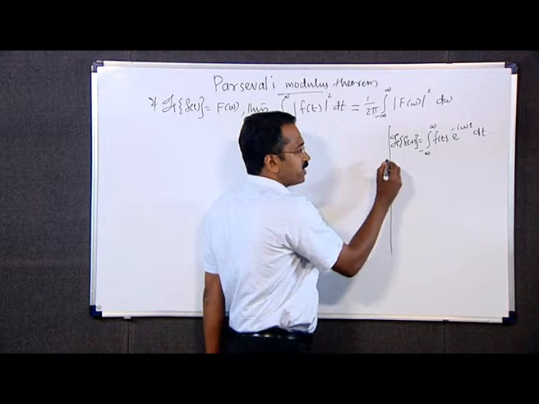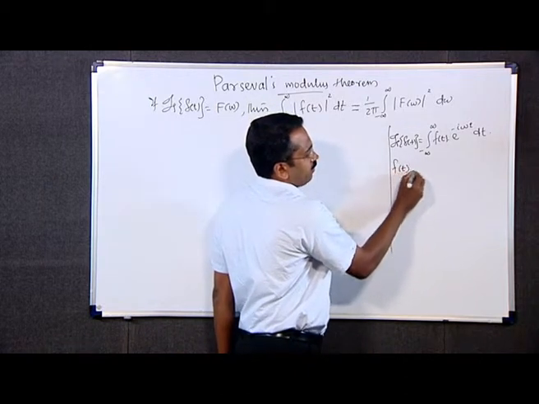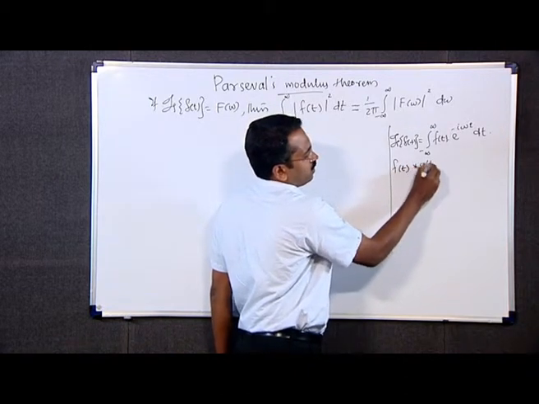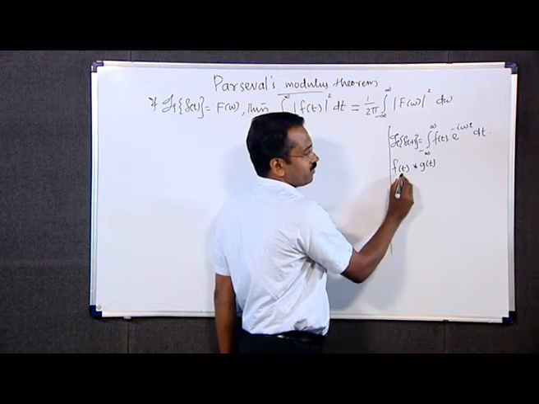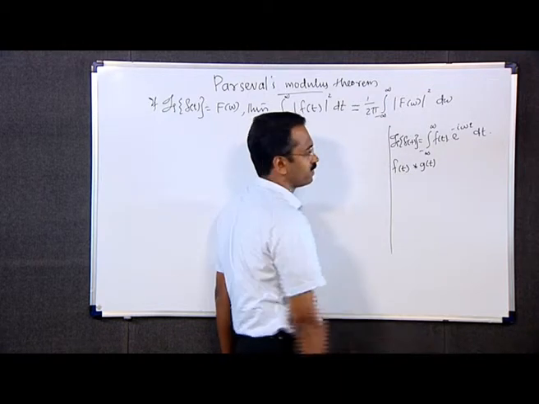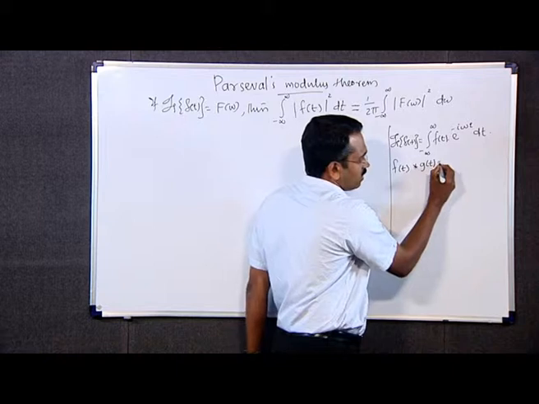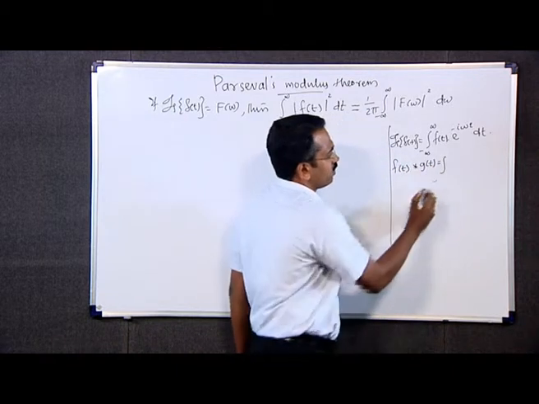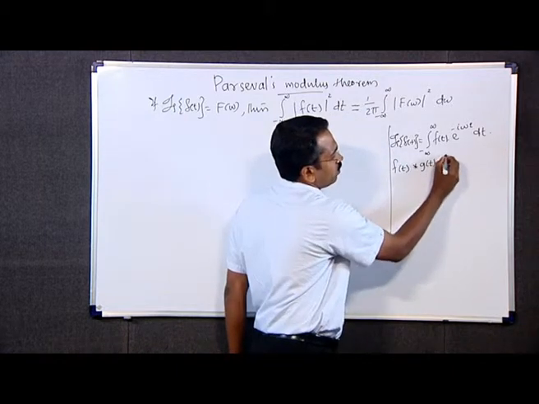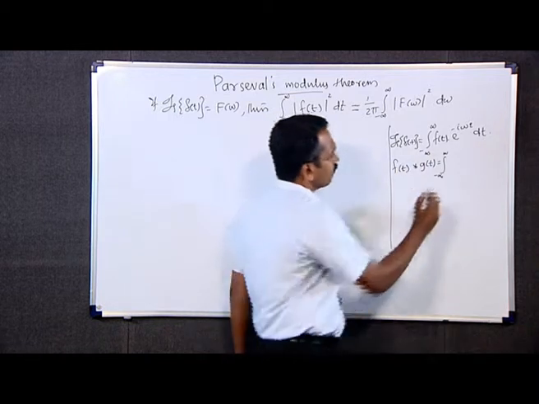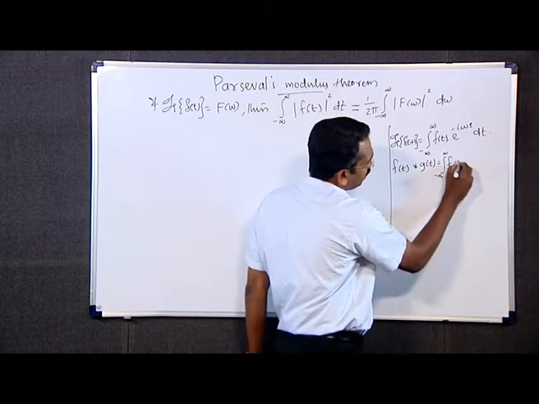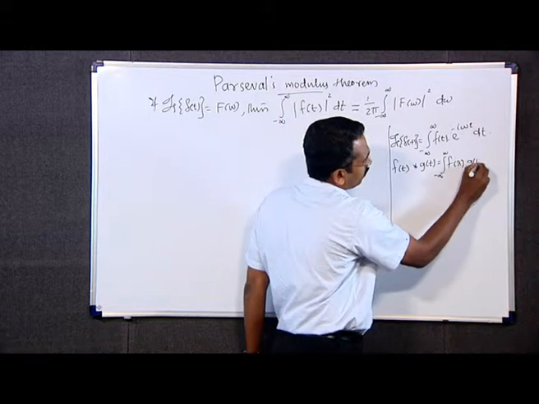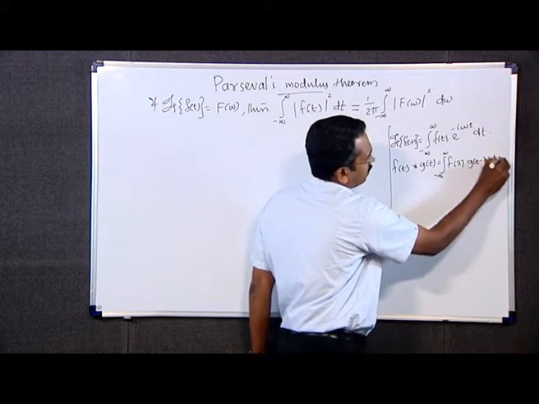The convolution between two functions f of t and g of t is denoted as f of t star g of t, which is defined as integral from minus infinity to infinity f of lambda into g of t minus lambda d lambda.